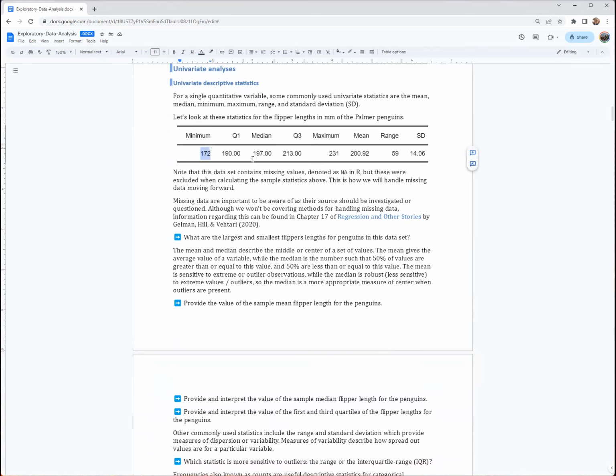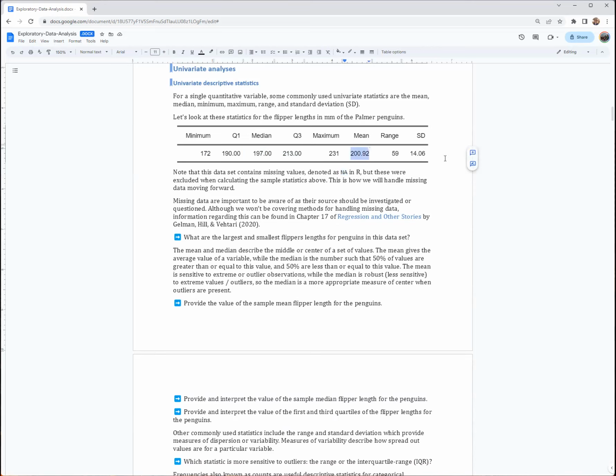We have values for all of these, even though not every penguin had a flipper length recorded for it. That is, there are some missing values in this data set. Missing values instead of a number in R will show up as NA for not a number or not applicable. I'm not sure which one it stands for, but that's how missing values are encoded.